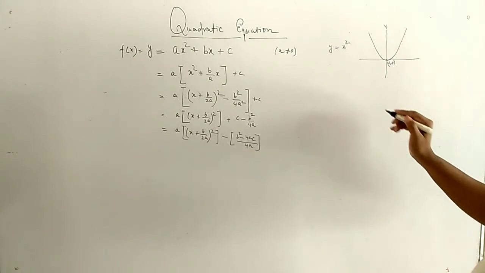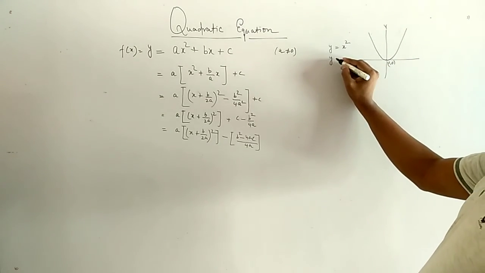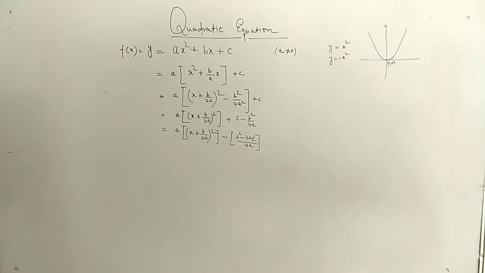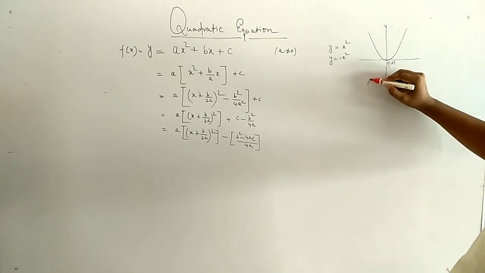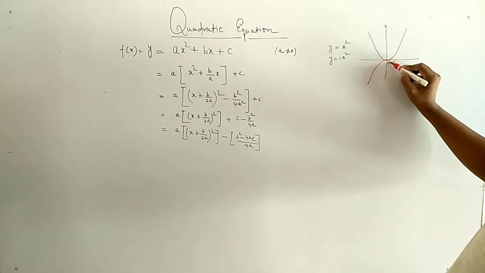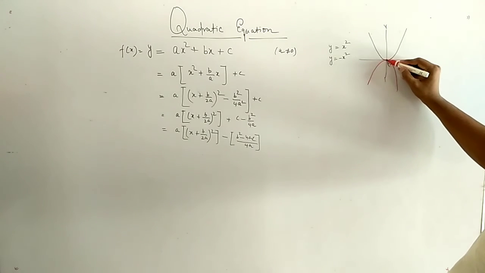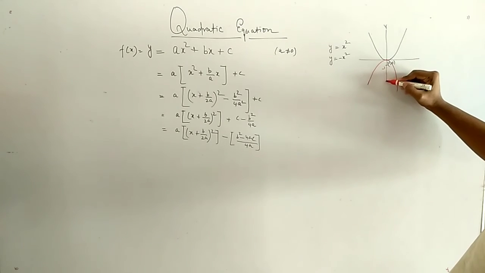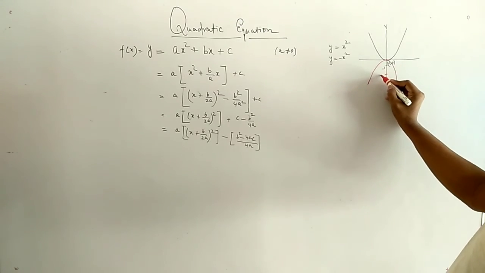Now when you have y equal to minus x square, then the graph will just flip and it will become like this. And this is 0 and then this is minus 1. So if you go down along the y-axis you get minus 2.